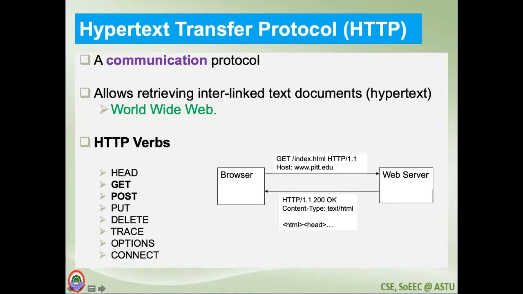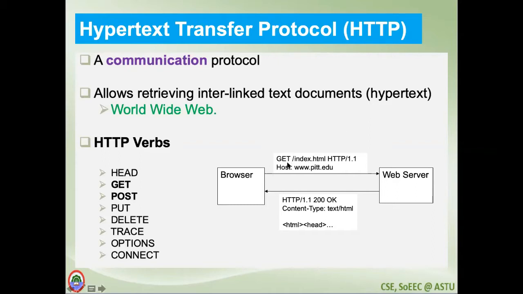So this is how the communication happens. Generally, we use our browser as a client, and we use the HTTP protocol to invoke it, and then we get back the response. Using HTTP, we can generate an HTTP request and get back the HTTP response.